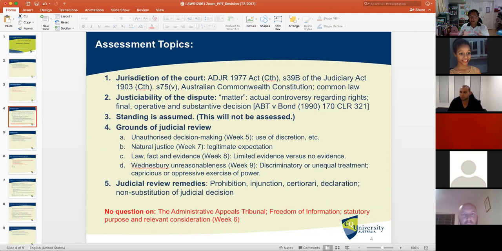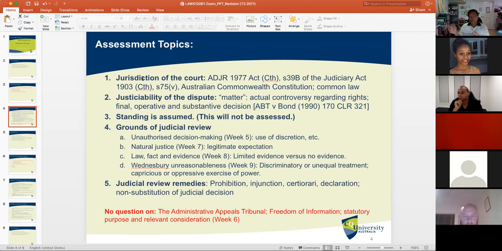The ANU being an entity which was created under a Commonwealth statute. Okay, so in that case, the Judiciary Act of 1903 would not be available because the Vice Chancellor is not an officer of the Commonwealth.